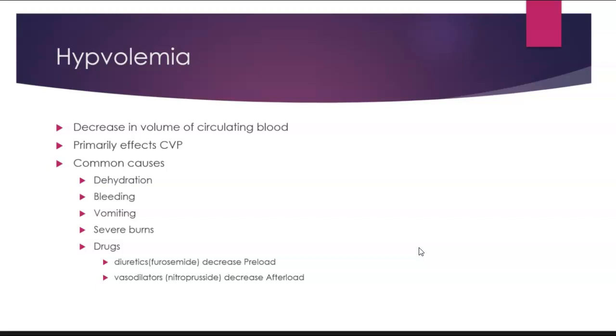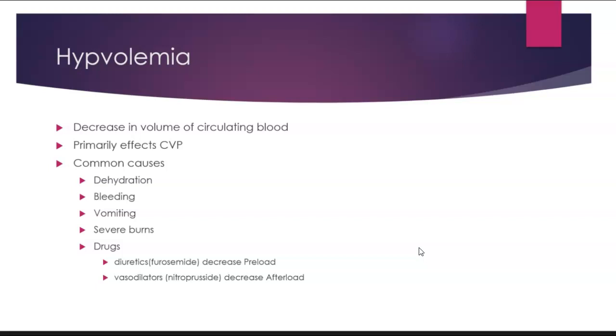Hypervolemia will increase it. Some common causes of hypovolemia are dehydration or bleeding. If I gave you an example of somebody who had a bunch of gunshot wounds, you could infer that he would have a lot of bleeding, and that would cause him to be hypovolemic, and his CVP would be decreased.